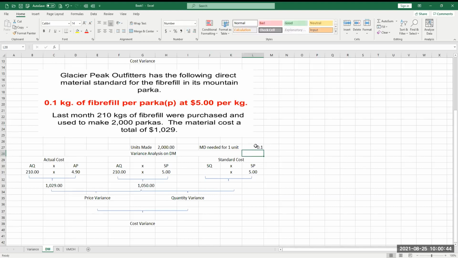So since I know the number of kilograms that I need to produce 1 unit, 0.1 kilogram, and I know the number of units that I made, can I calculate the standard quantity to produce 2,000 units?